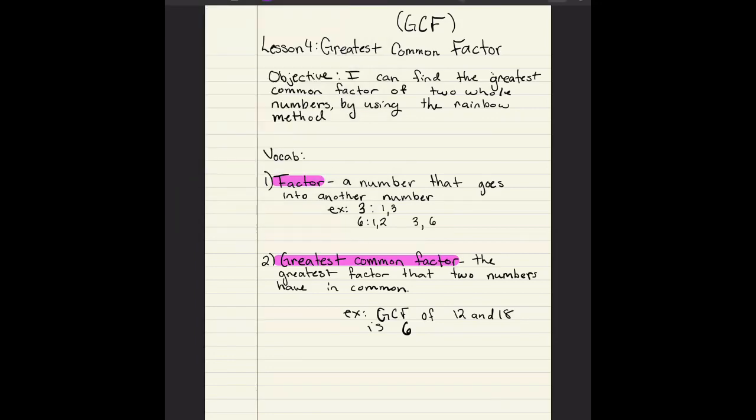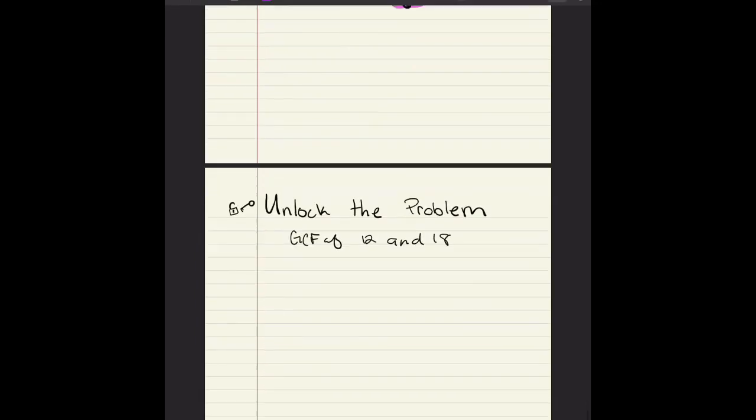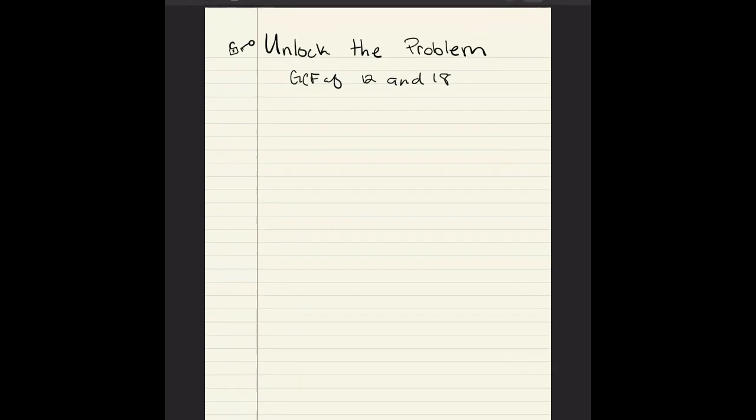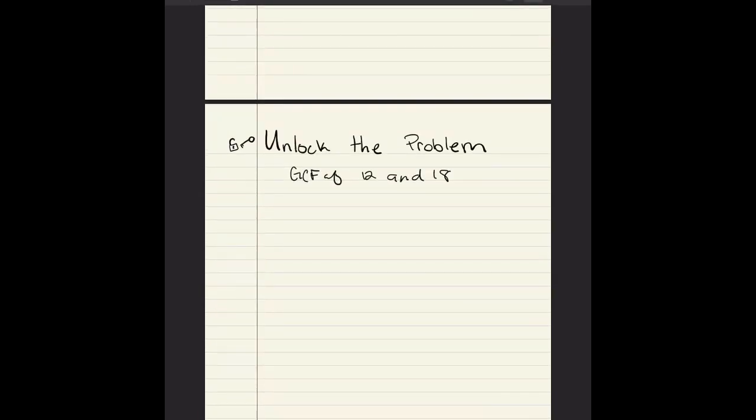Let's jump into why it is that with our unlock the problem, not steps. So, oh surprise, you're doing 12 and 18. You know the answer already, but let's figure out why it's this.